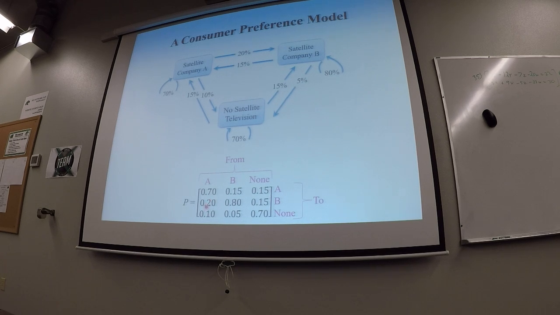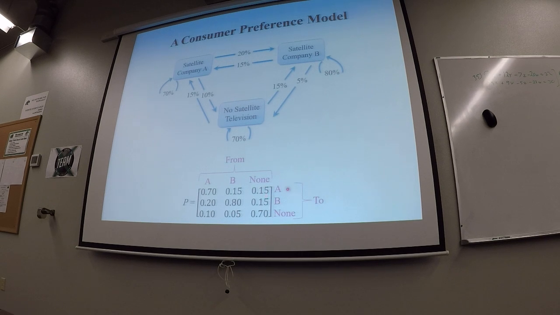There's a 20% chance that I'm going to go from A to company B. There's a 10% chance that I'm going to go from A to none. If I look at B, the chance that I start at B and end with A is 15%. The chance that I start with B and stay with B is 80. The chance that I start with A and go to none is 5%.